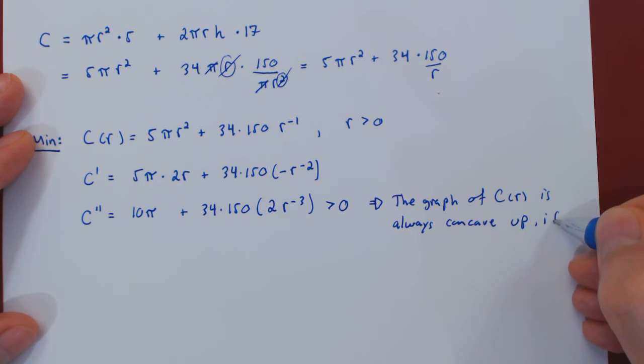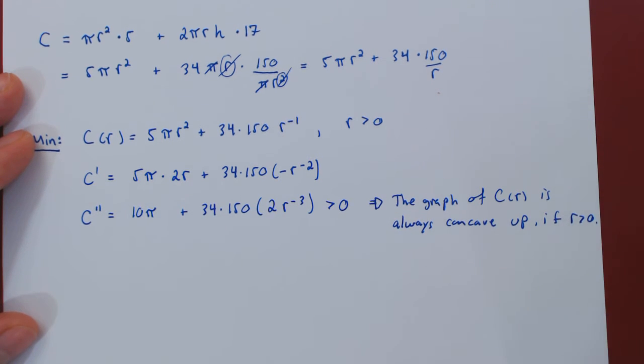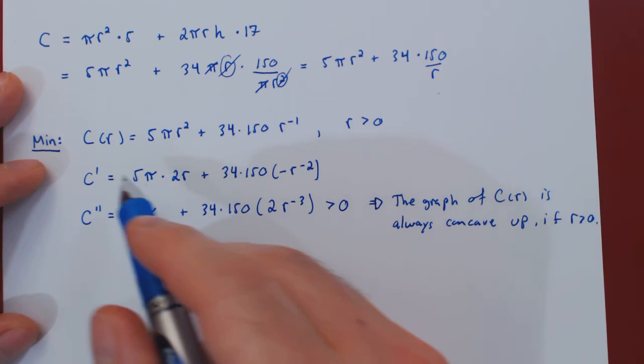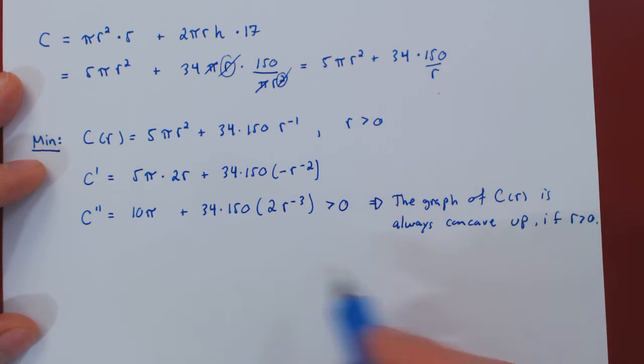Of course, if the radius is positive. And the fact that the graph of our cost function is always concave up bodes well to have an absolute minimum.